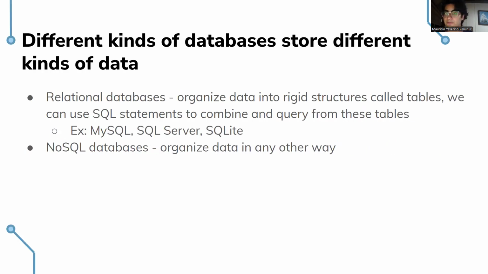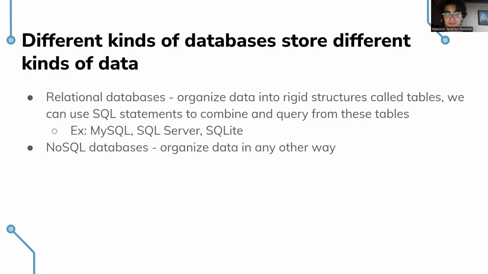There are also different kinds of databases, because different types of databases store different data. Mainly we have relational databases. They organize data into rigid structures called tables.